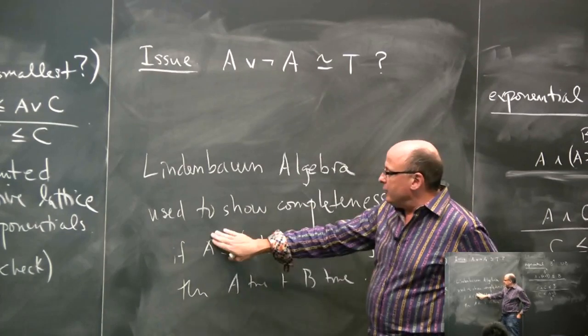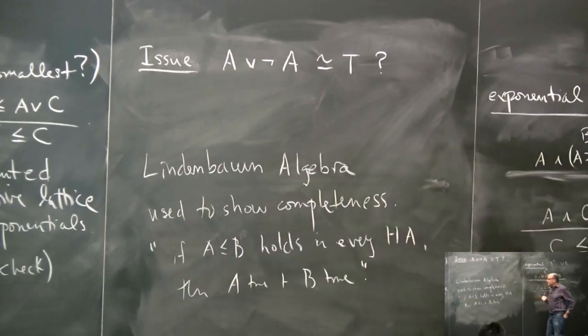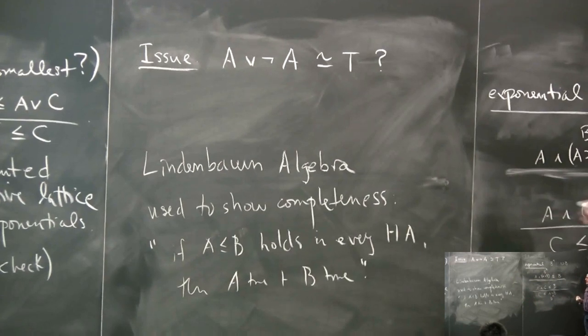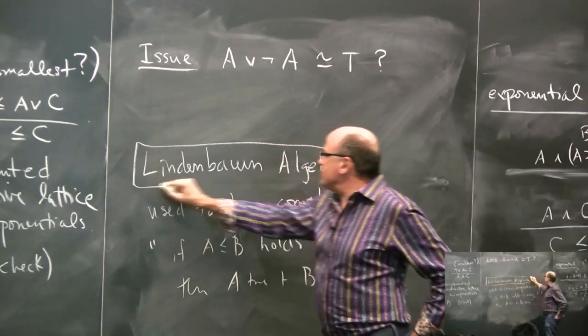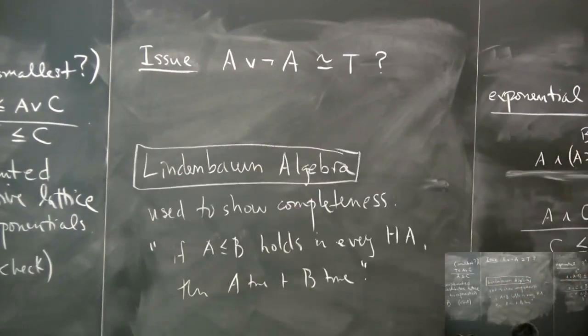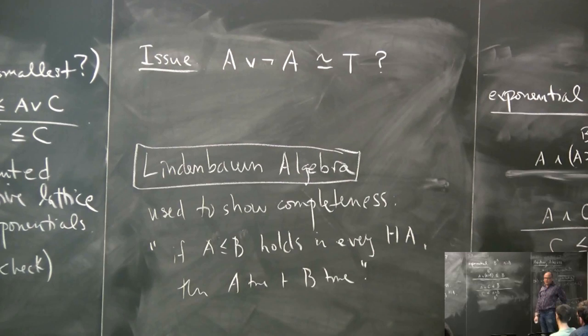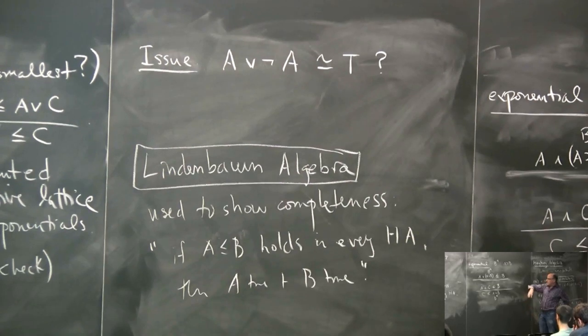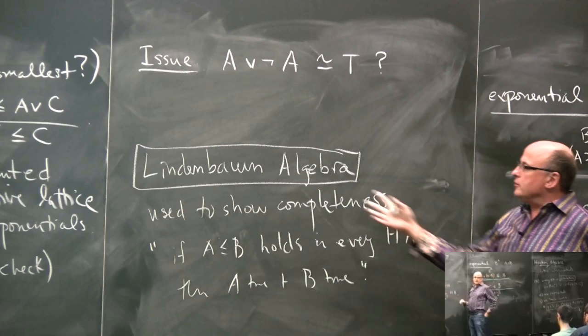So this notation is a little informal, but this is the gist of it, and that's called the completeness theorem. The proof consists of constructing a particular Heyting algebra called the Lindenbaum algebra. Everything I've said so far already tells you what it is. You just have to put the pieces together. All the pieces you need, I'm pretty sure I said, and then you can get a completeness theorem.